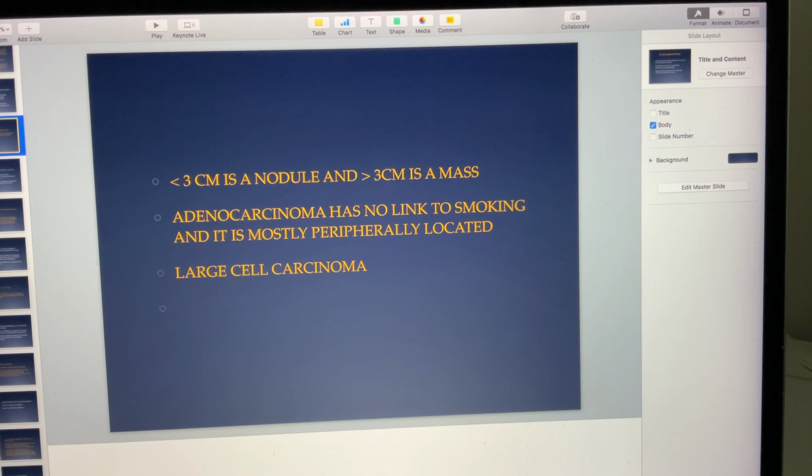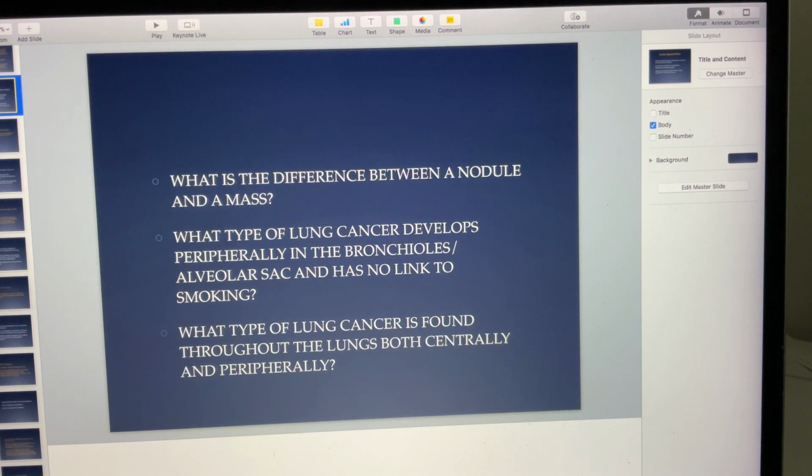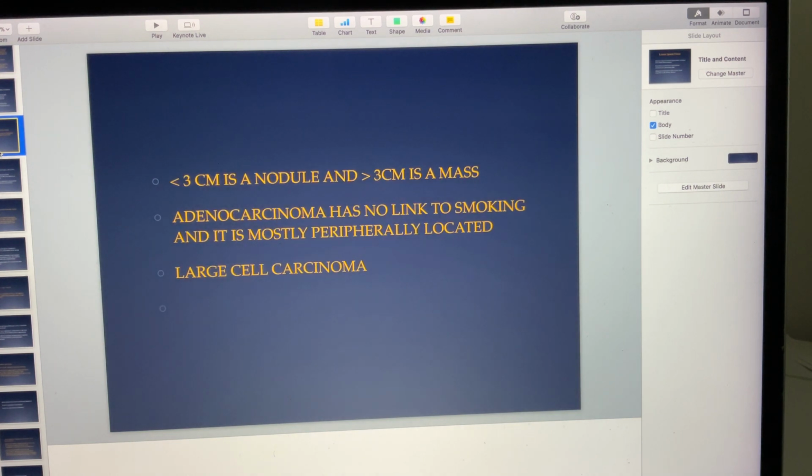Second question, adenocarcinoma has no link to smoking and is mostly peripheral. The one with link to smoking is small cell cancer. And then the last question is what type of lung cancer is found throughout the lungs, and it's both central and peripheral. That is large cell carcinoma.